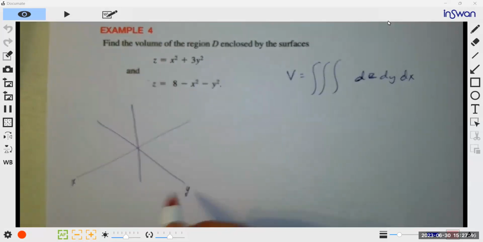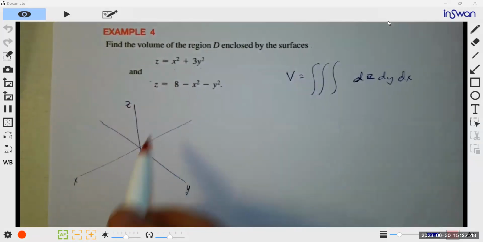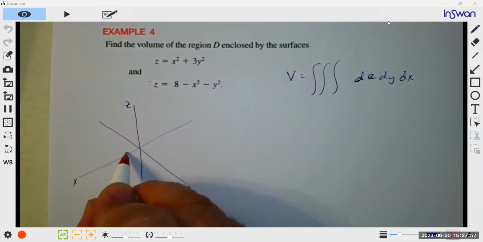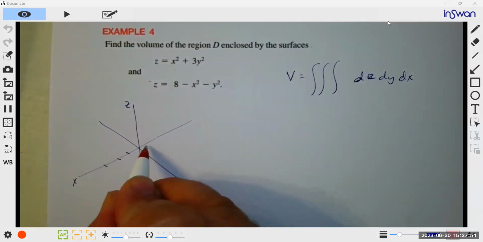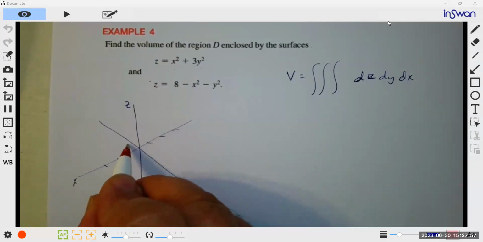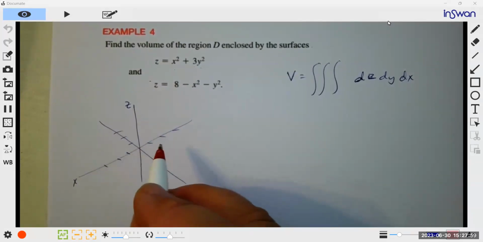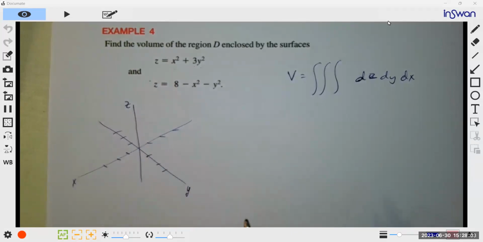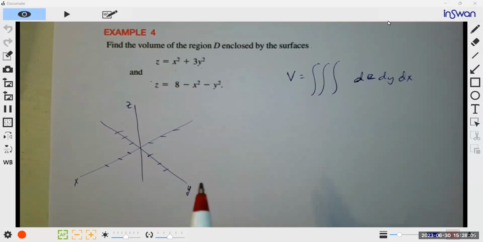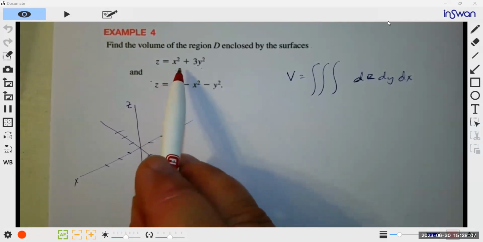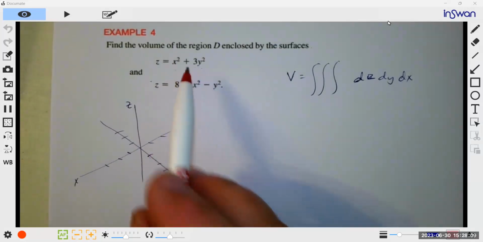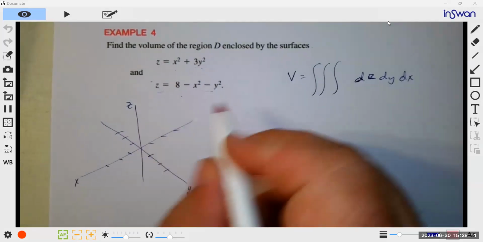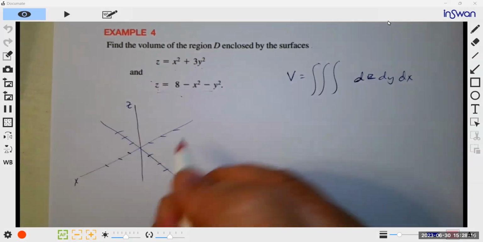X, Y, Z. So this one, when X is 0, let's look at this one first, though. It has Z is 0 at the origin.